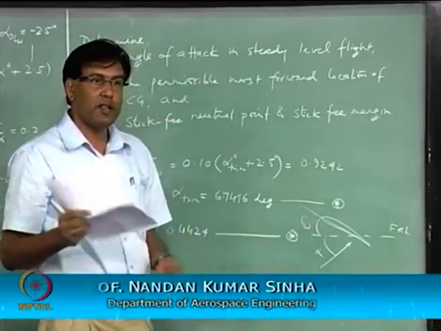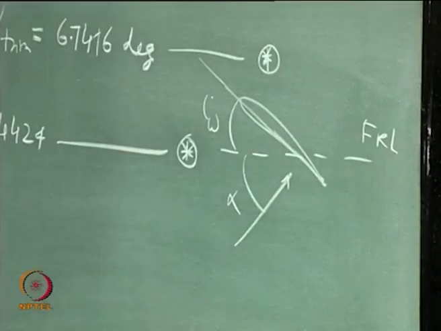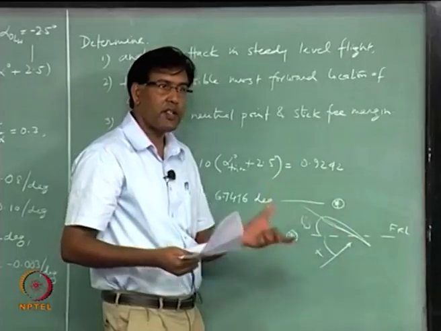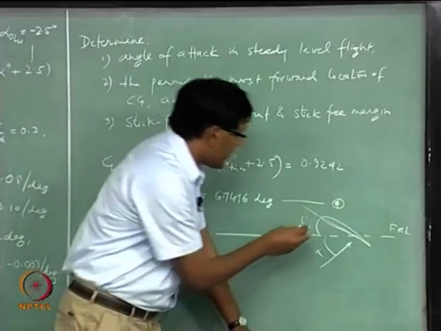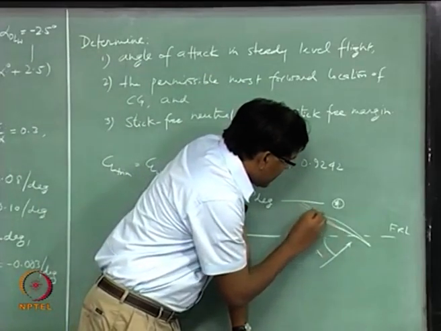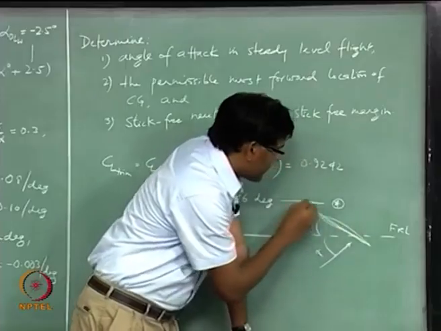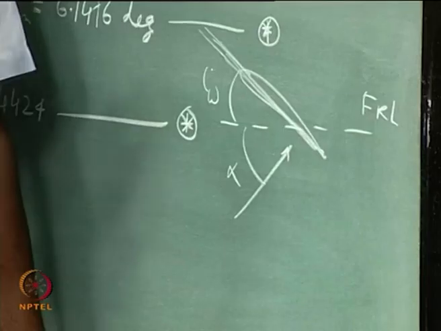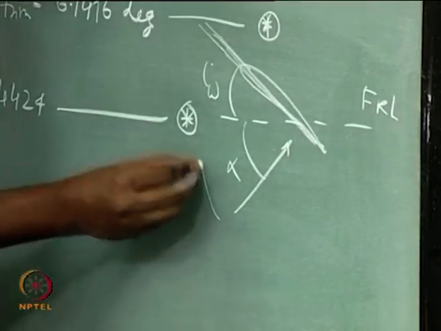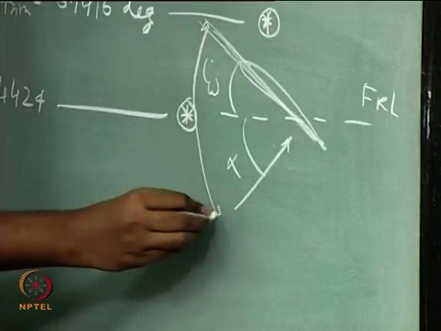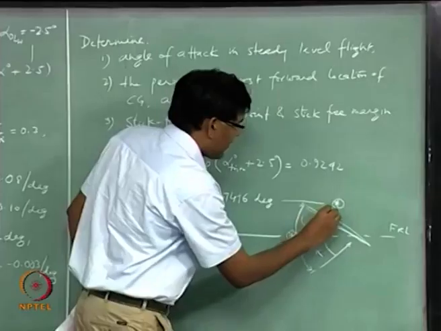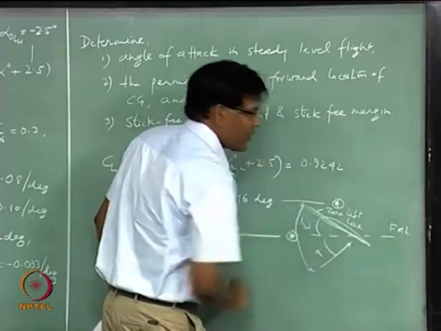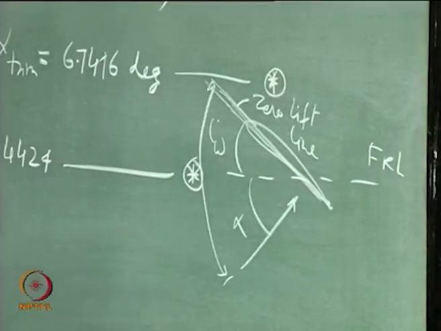And there will be another angle associated with the line giving you the 0 lift line, and that can be a different line than the chord. So, you have to account for that. So, total angle of attack at the wing will be this.